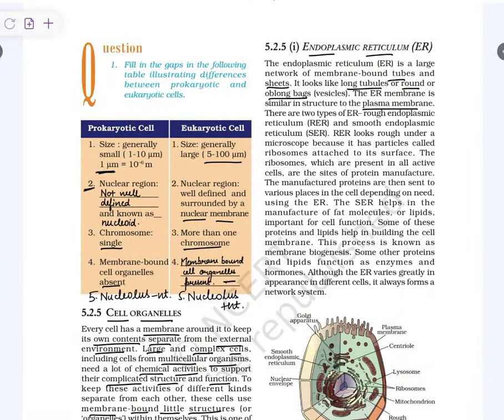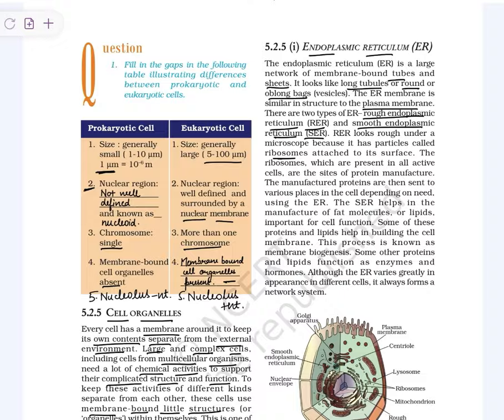Now endoplasmic reticulum is actually of two types: rough endoplasmic reticulum, RER, and smooth endoplasmic reticulum, SER. So rough endoplasmic reticulum looks rough because it has ribosomes attached to it. And the ribosomes, which are present in all active cells, are the sites of protein manufacture.